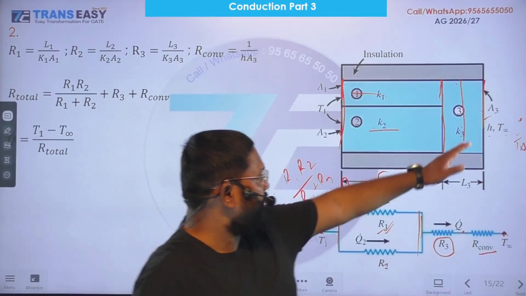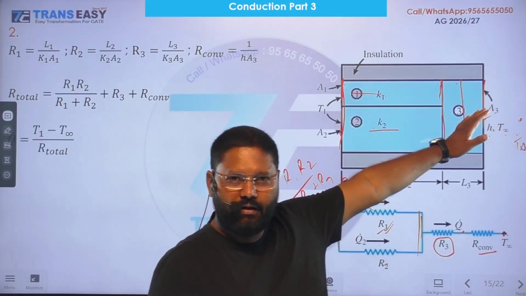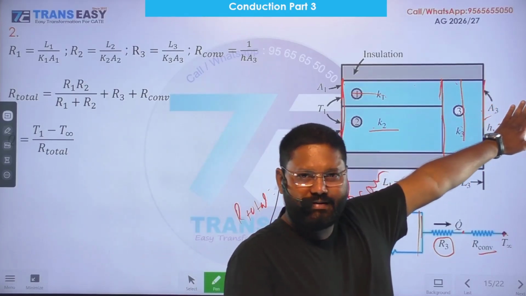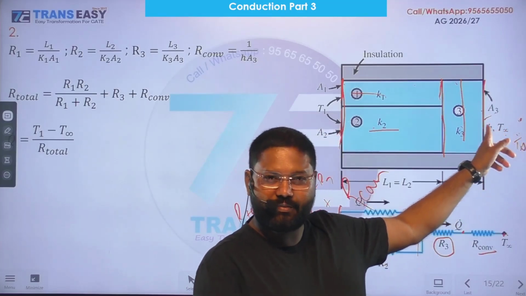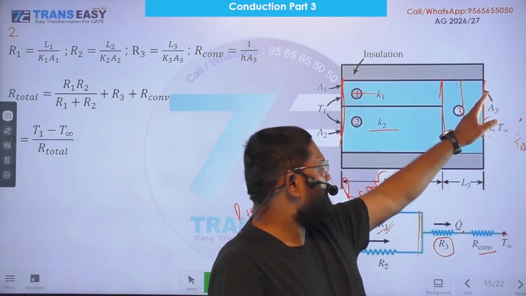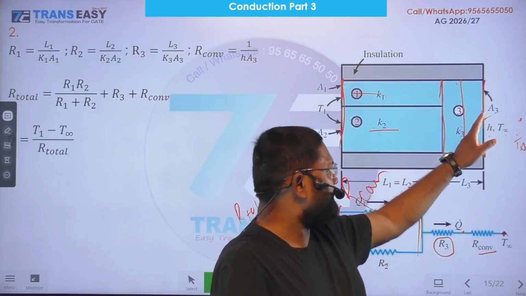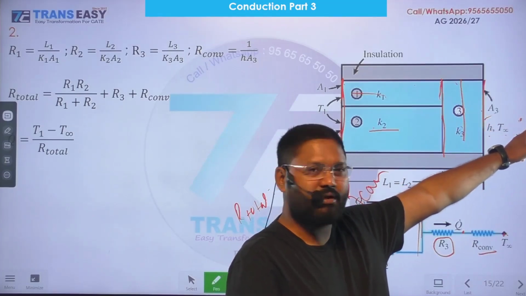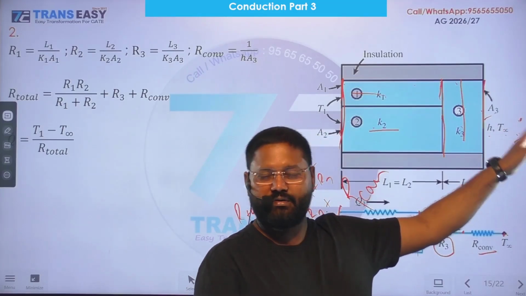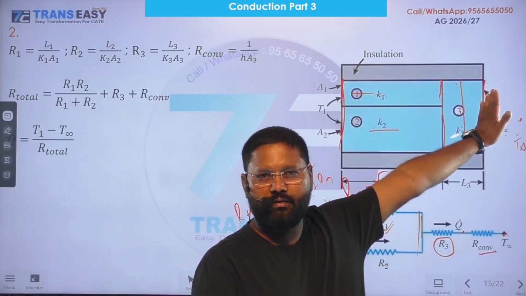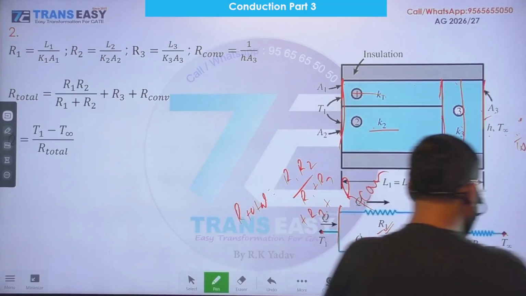The entire area A3 is involved in convection mode of heat transfer with this surrounding. h is the heat transfer coefficient for the convective heat transfer between this and this. Here we have a surrounding h, and T infinity is the temperature of the surrounding which is far away from the surface area A3.